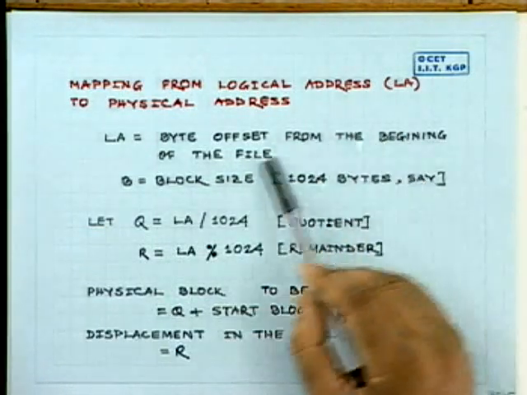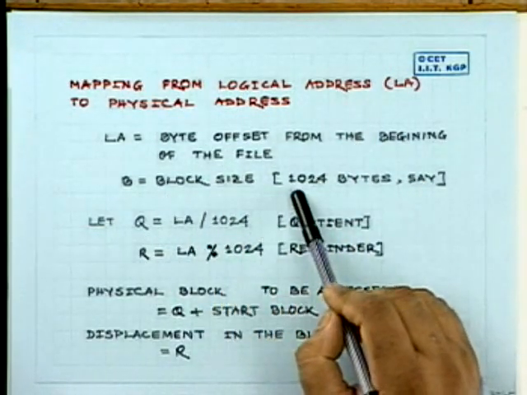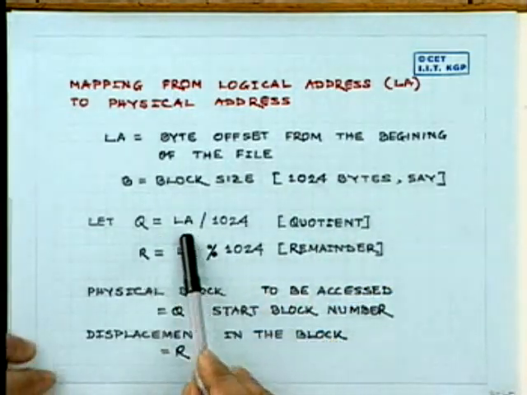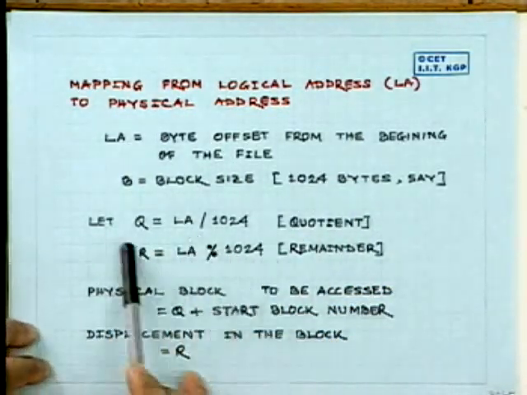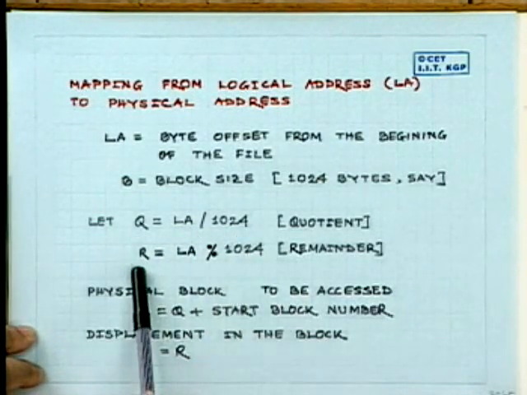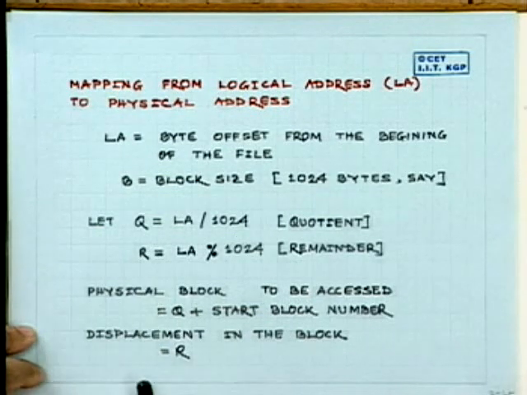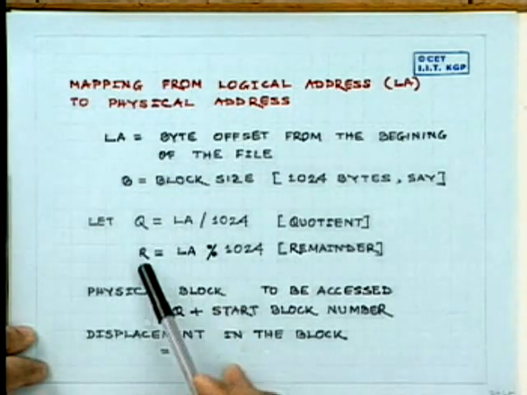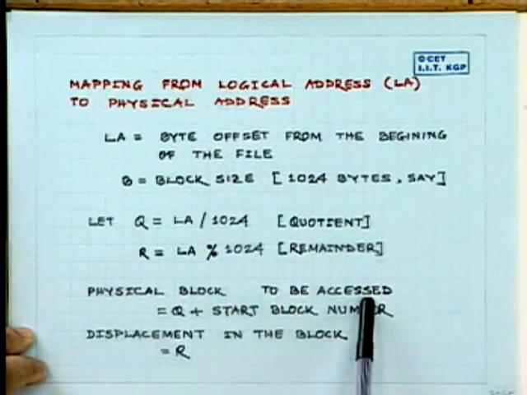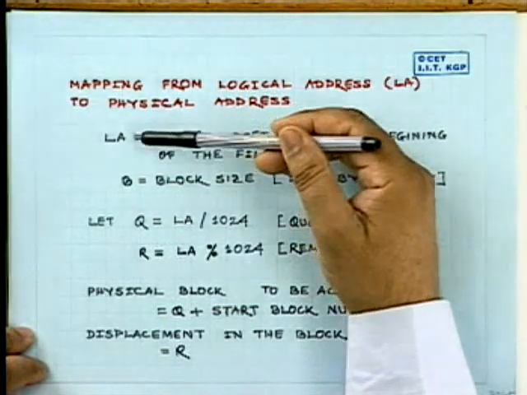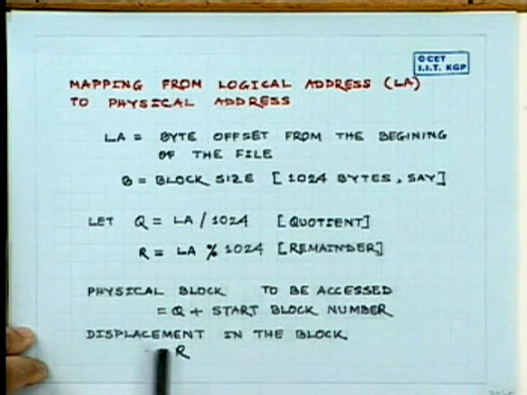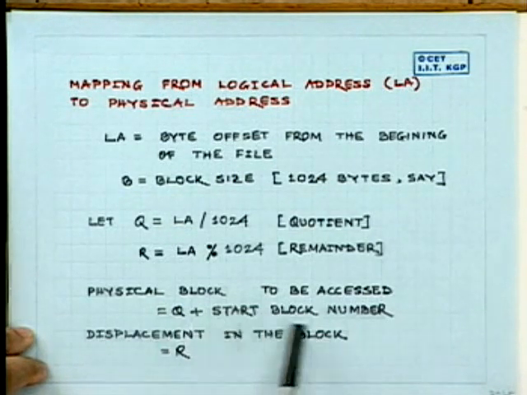Here we have assumed that the block size is 1 kilobyte. Now, let us take that logical address, divide it by the block size, and find the quotient and the remainder also. If we find the quotient and the remainder, it is easy to see that the physical block to be accessed for this logical record, having this logical address, is Q plus the start block number.